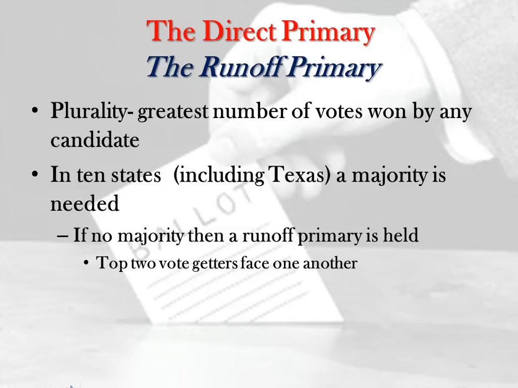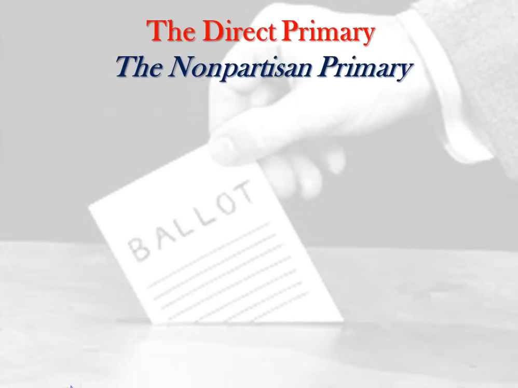In most states, nearly all of the elected school and municipal offices are filled in nonpartisan elections. These are elections in which candidates are not identified by party labels. About half of all state judges are chosen on nonpartisan ballots as well.